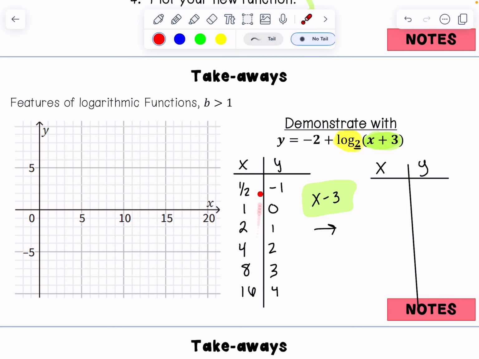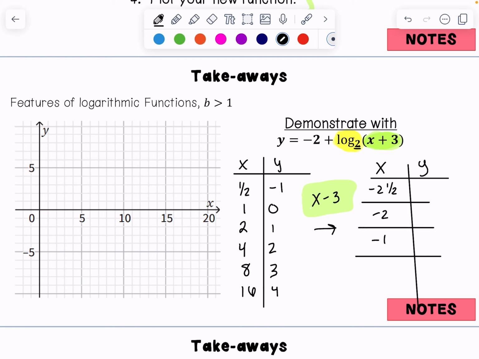We're going to take these values and subtract 3 from them. So that's going to give me negative 2.5, negative 2, negative 1, 1, 5, and 11. And once again, I just found these by taking my original x values and subtracting 3.